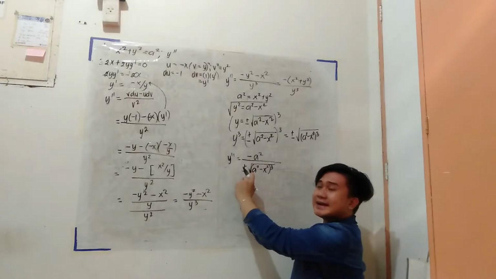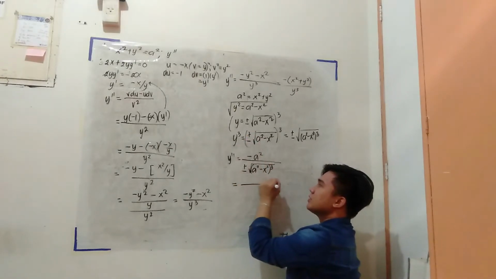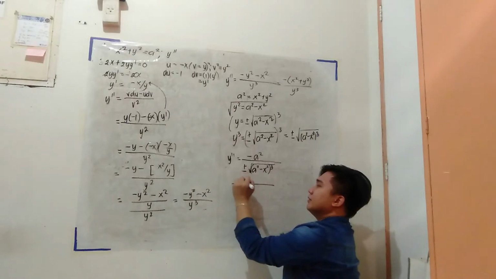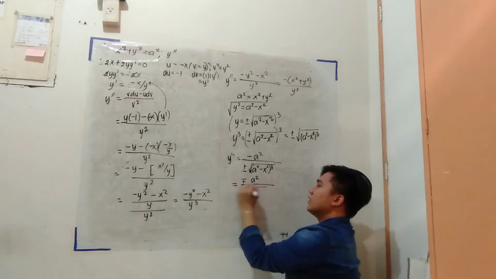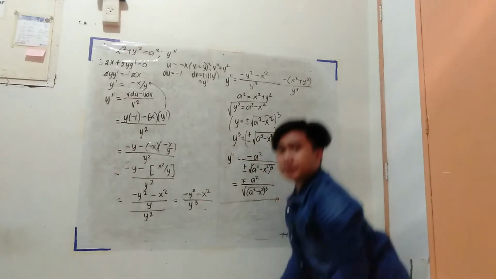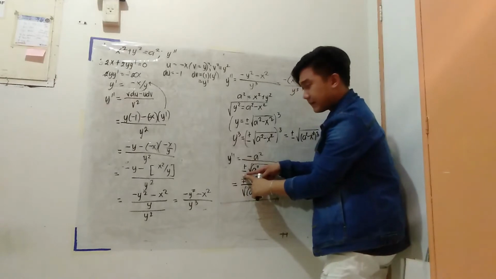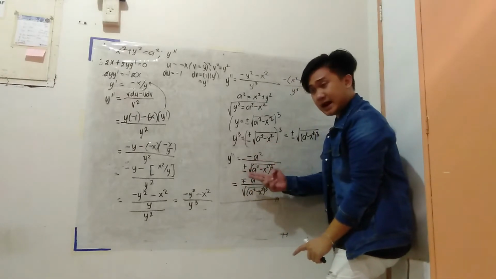May negative doon and then meron ka ditong plus minus. Pag nagsisimplify ng ganyan, kung negative yon, mag-flip lang to. Paano yung sinasabi ko mag-flip? Magiging minus plus a squared all over a squared minus x squared raised to 3. So, ganyan lang po. May negative tapos may plus minus ka dito. Kapag gusto mo yung i-simplify, i-flip mo lang.